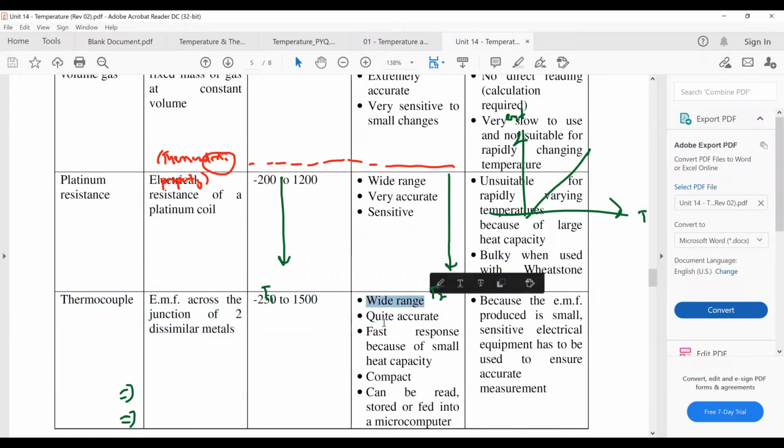You have a very wide range, it's very accurate, it has a fast response, it's compact, it can be read directly and fed into a computer. Okay. Now, the part that I need to explain to you is the fast response, because of small heat capacity.